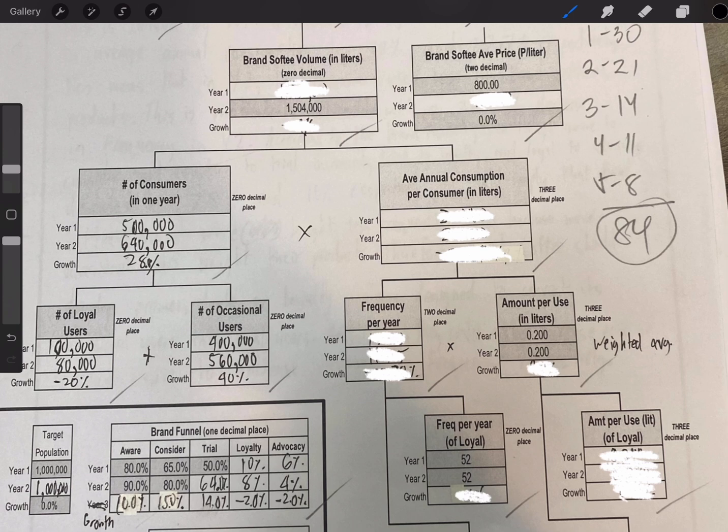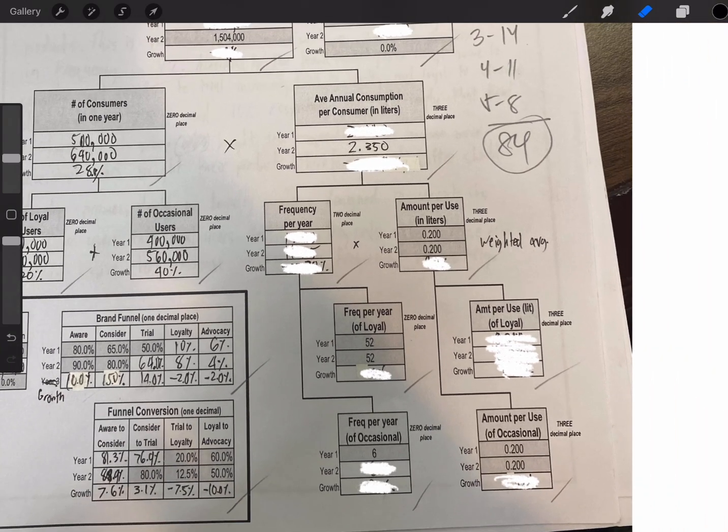We don't have volume for year 1, but we have year 2. So the volume of year 2, we're going to divide that by 640,000. That's going to give us about 2.350. And then we're going to use that 2.350 to help us figure out frequency per year.